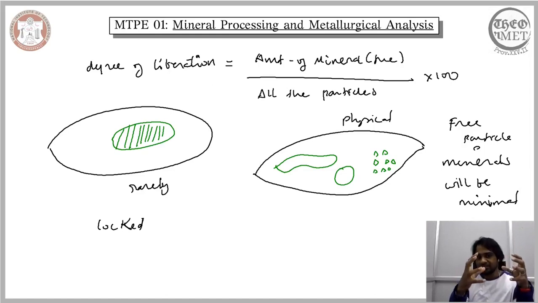For that we consider the schematic particle, and when we perform the fragmentation or comminution, a large proportion of the particles produced are free particles, and only a few are locked particles. And it was the locked particles that were subjected to subsequent comminution.